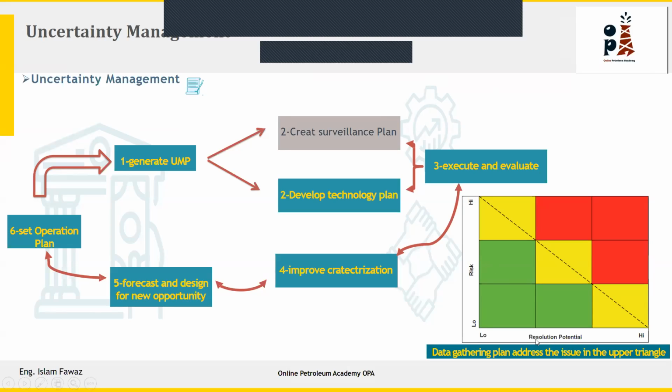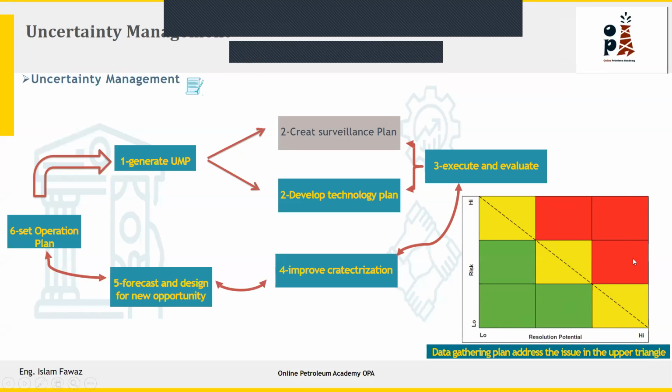on the y-axis, this is the resolution potential, which means the parameter or the opportunity in terms of rate, in terms of reserves, in terms of net present value, and on the x-axis we have risk: low, mid, high risk. As you see in the corner here, we have higher potential and low risk.